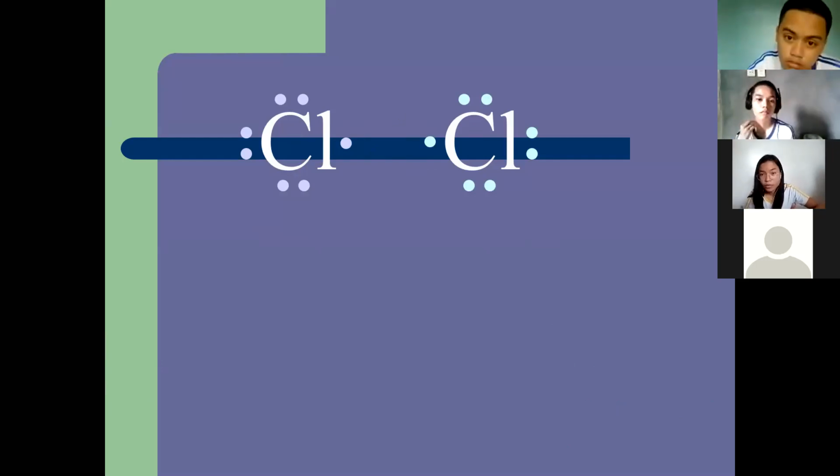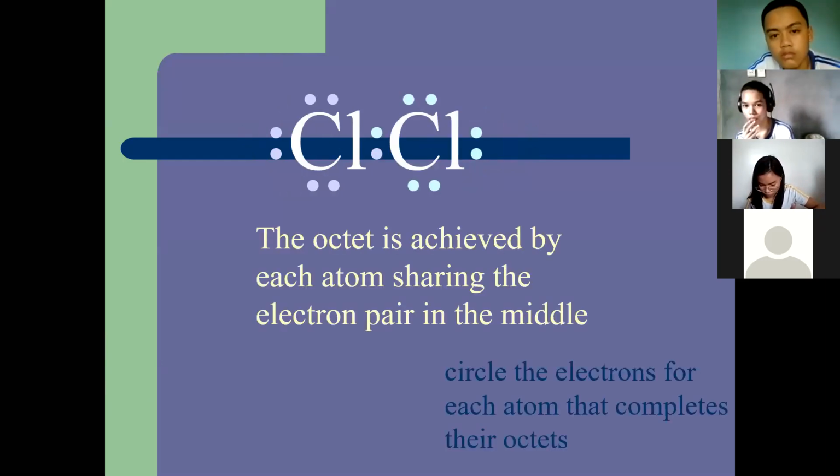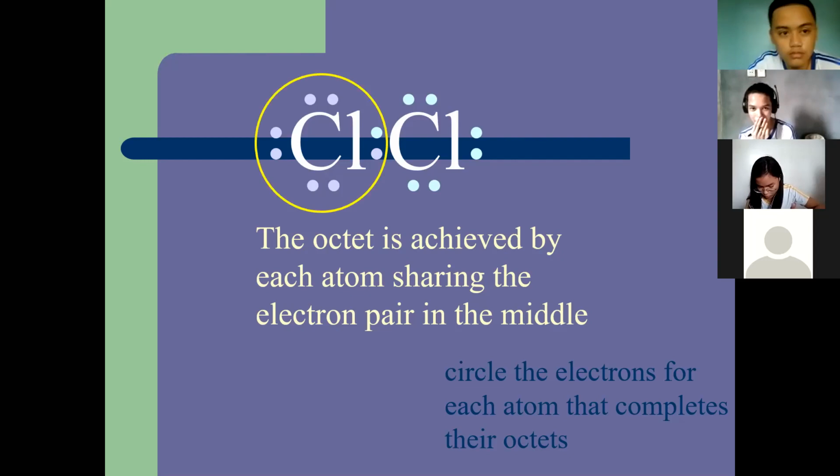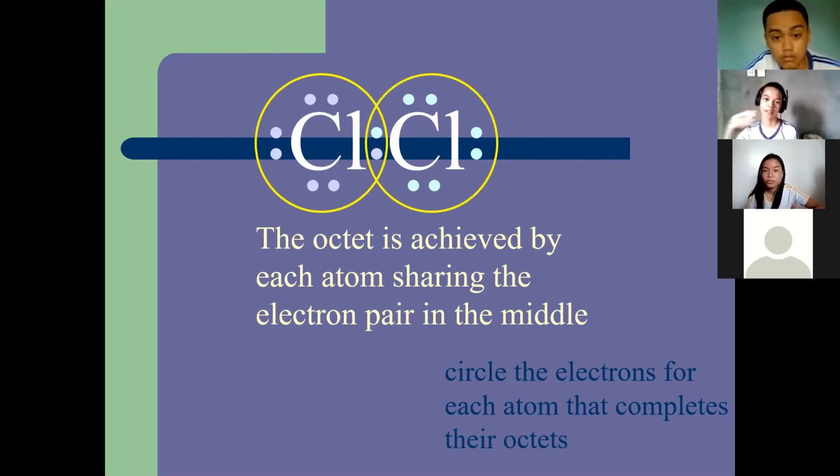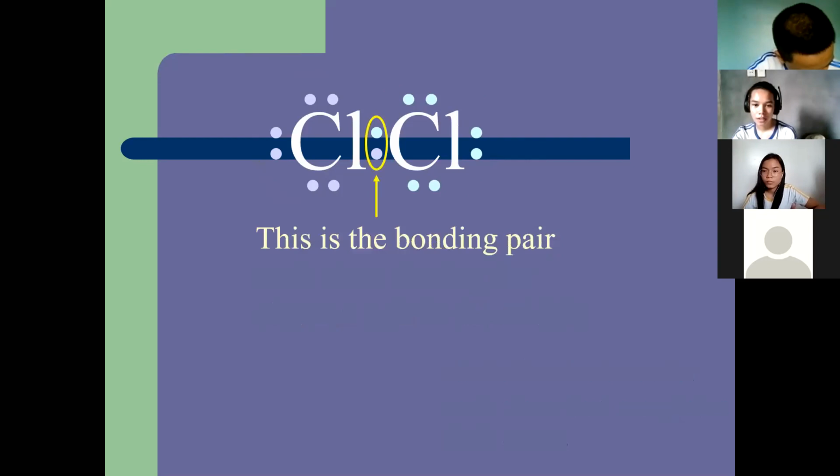Instead of transferring one electron to the other chlorine, the two of them decided, let's just share our electrons to achieve the octet rule. Thus, the first chlorine is complete at 8 valence electrons, and the other chlorine is also achieving the octet rule at 8 valence electrons. And the bonding that exists between them is a single bond.